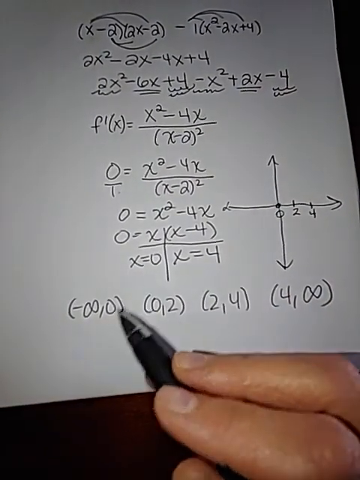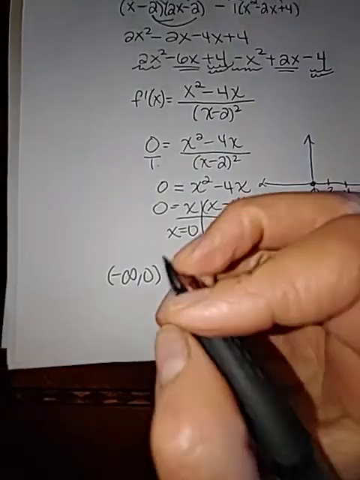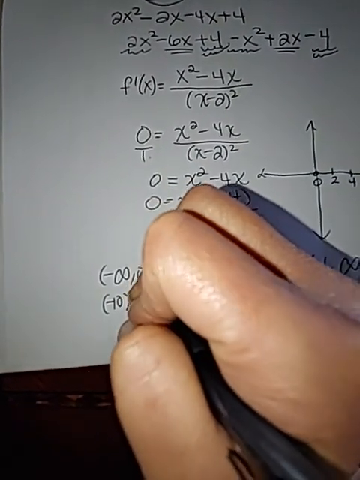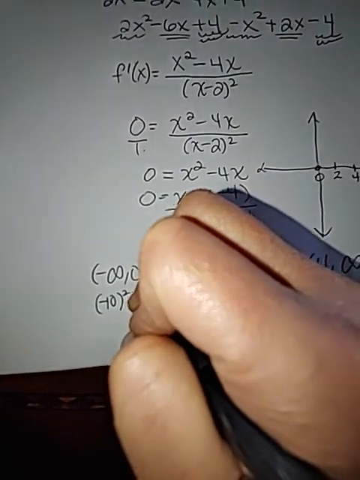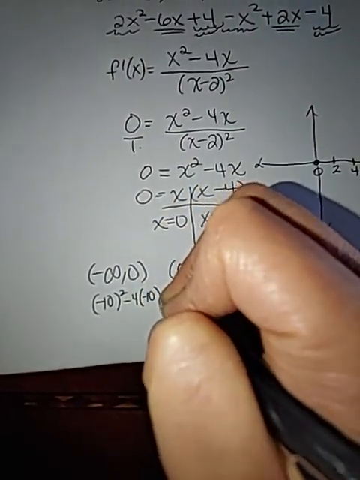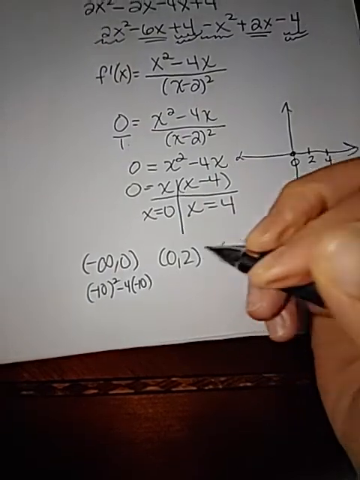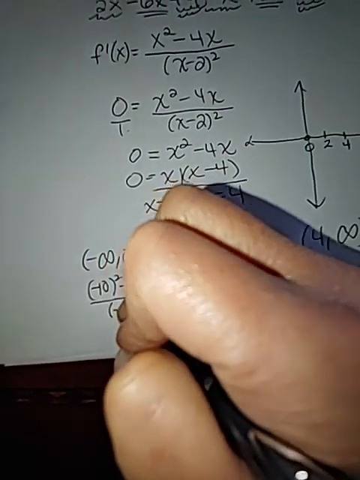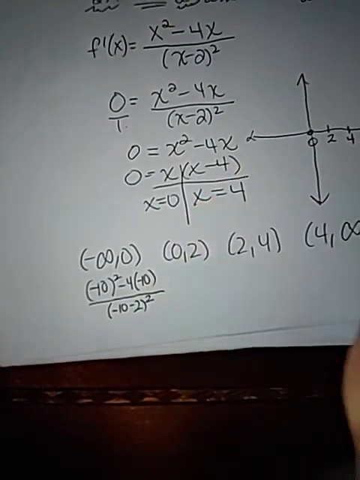When I plug in, we'll go with negative 10 here: negative 10 squared minus 4 times negative 10, over negative 10 minus 2 squared.